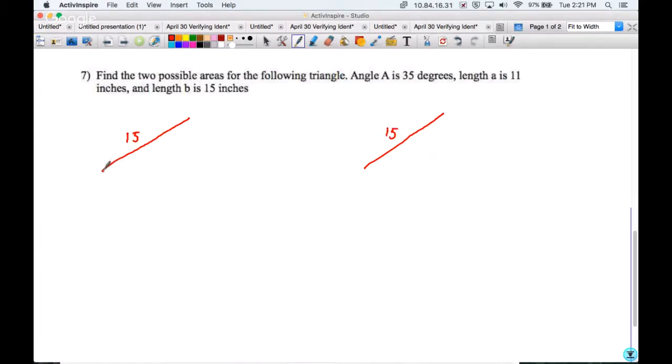Angle A is 35. So it's going to come over here. 35. And then side length A is 11. And you can tell, drawing this triangle, those three things match up. But that 11 could have swung in and hit that 35-degree angle here, or it could have swung out and hit it out here.